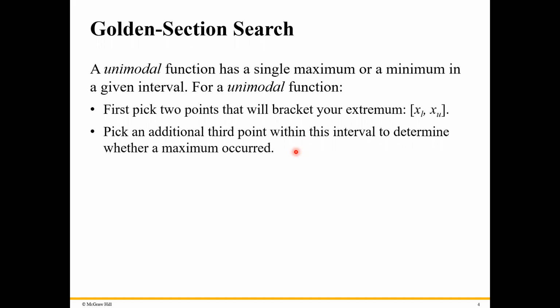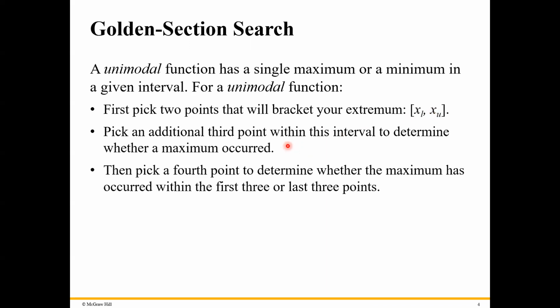That means another point will be picked within xl and xu. Maybe we can call that point x1 or x2. How we determine whether a maximum occurred, we will see in this method.